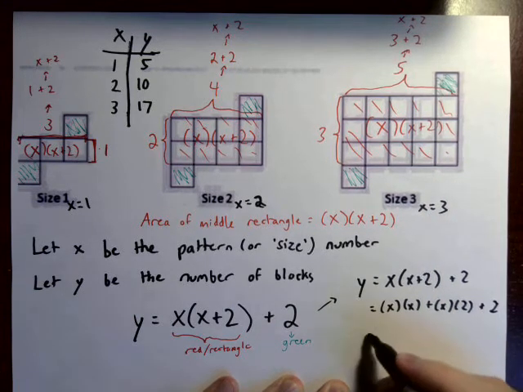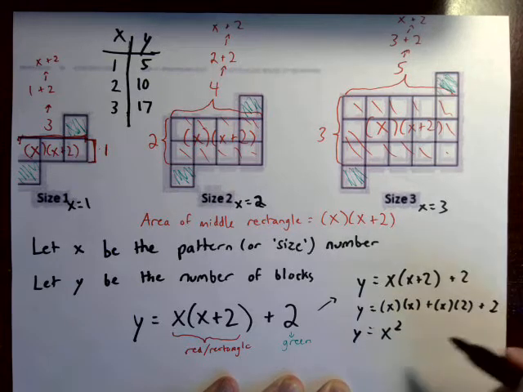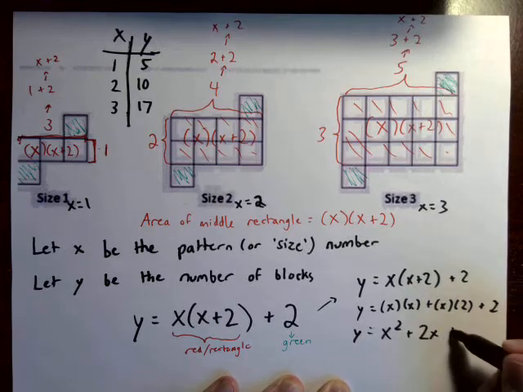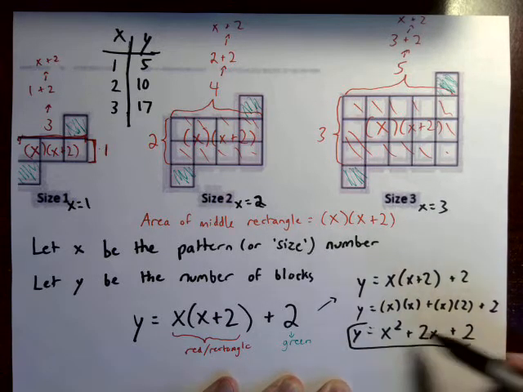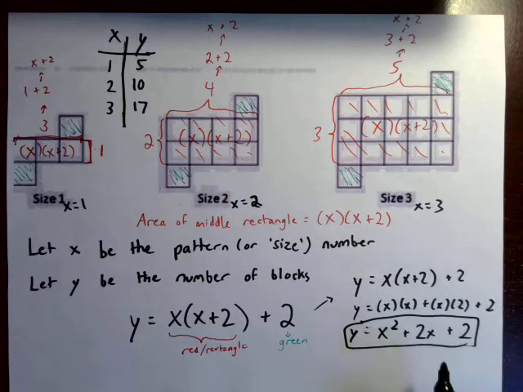So then what do we get? X times x is x squared. X times 2 is 2x plus 2. And then that would be our completed, expanded, and simplified equation.